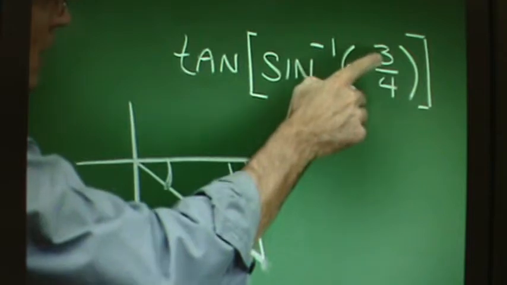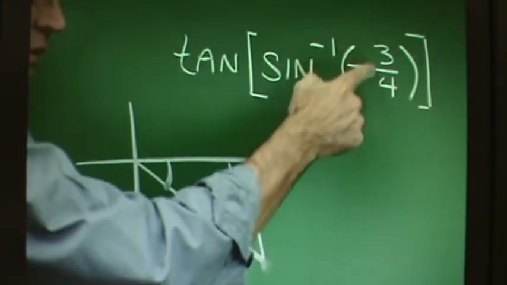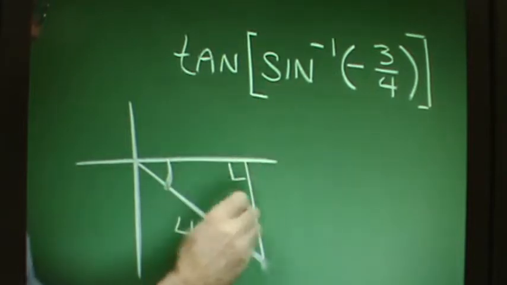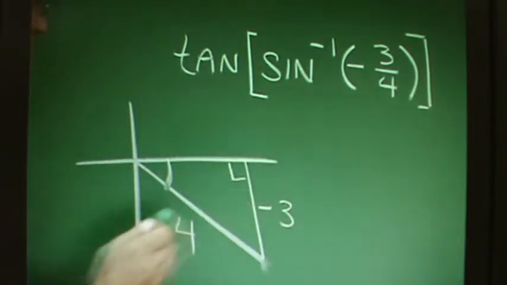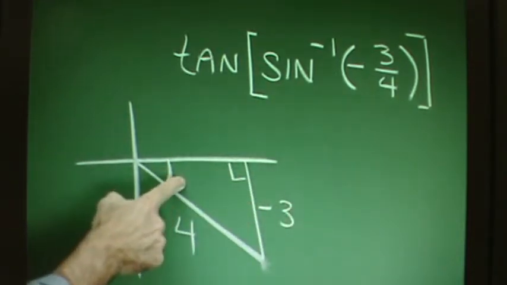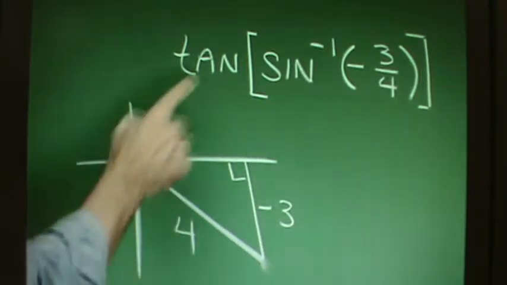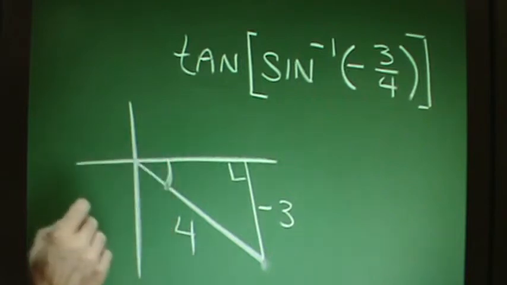And so in this opposite over hypotenuse idea, the hypotenuse is positive, so the opposite side is -3, the opposite side from the perspective of this angle. Okay, now we have two sides. We just figure the third side, and then we can calculate the tangent of the angle. All right, let's do that.